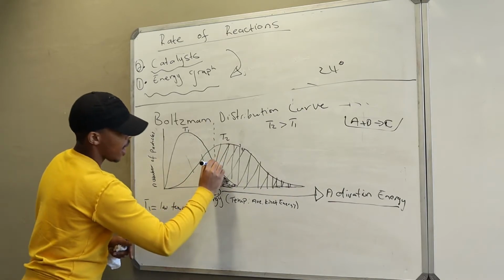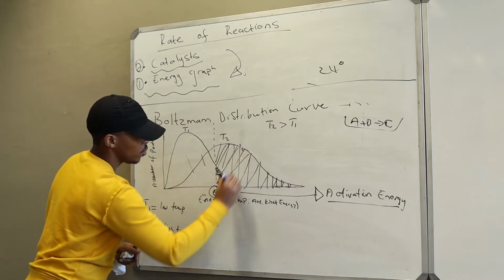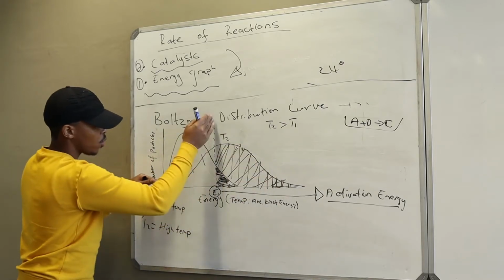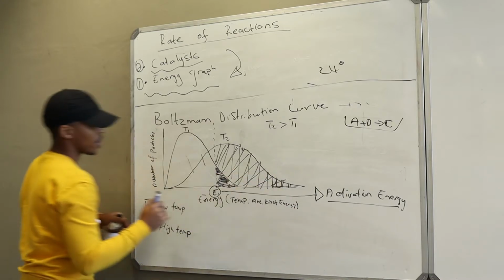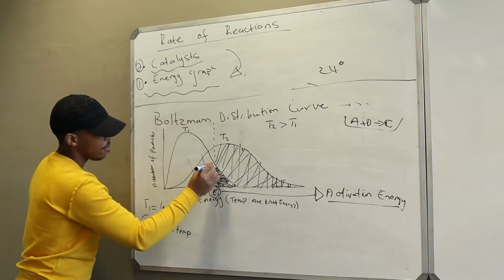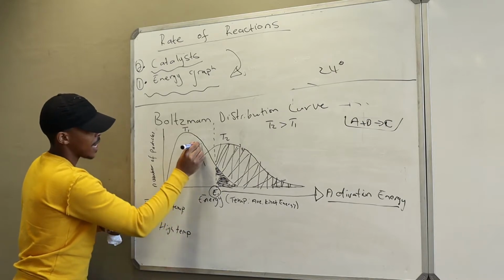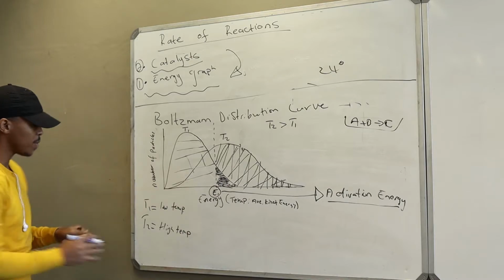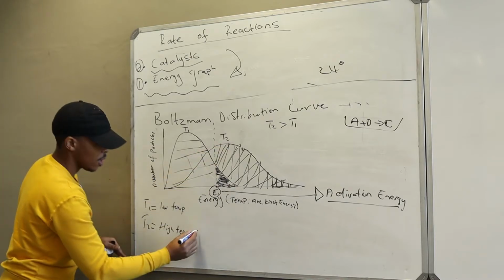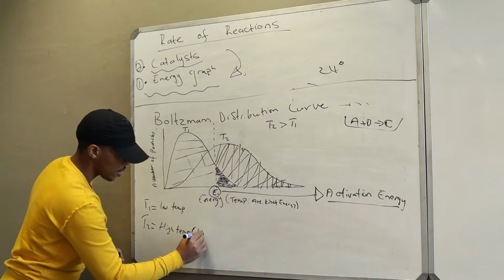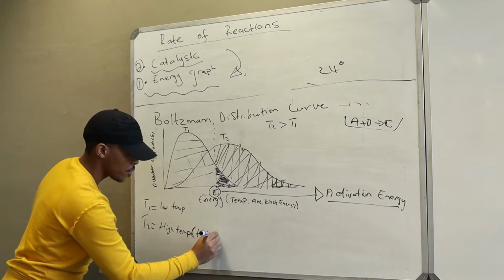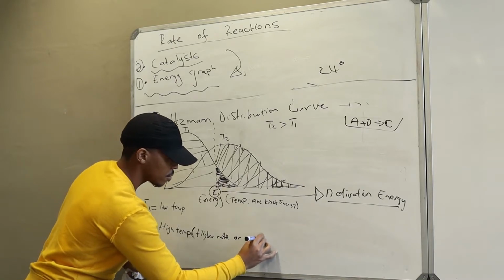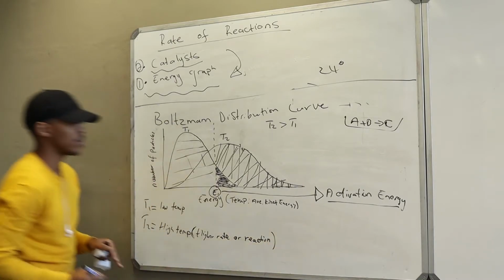So there's a higher rate of reaction at T2 because most of that curve falls beyond E1, and at T1, most of that falls behind E1. So it means here at T2, higher rate of reaction for this particular reaction.